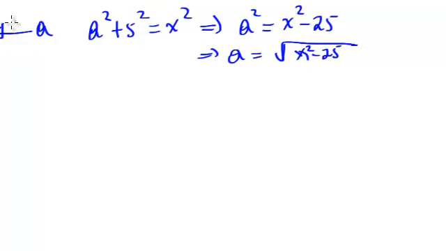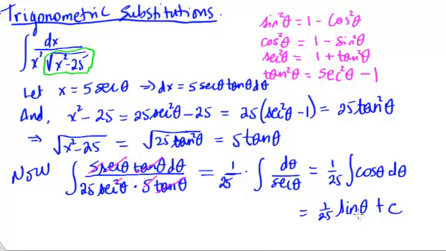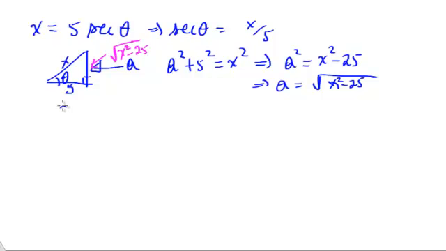So this triangle will have this side equal to the square root of x squared minus 25. Now, what did we need? We needed sine theta. Sine theta now is opposite over hypotenuse.